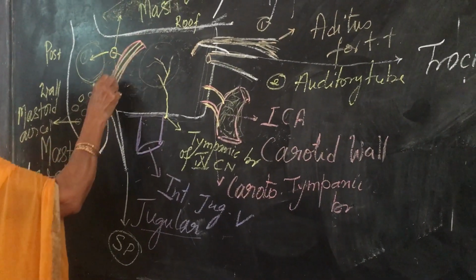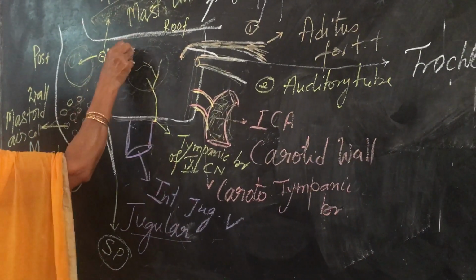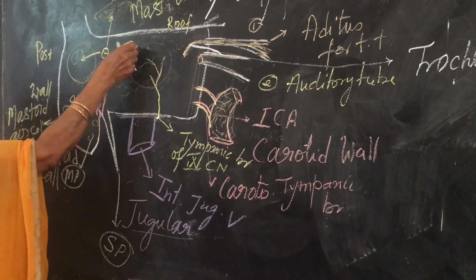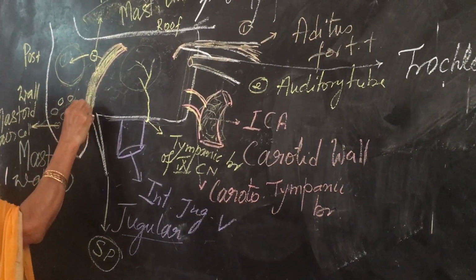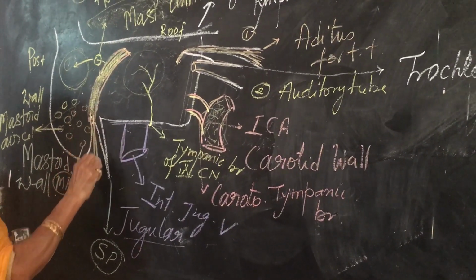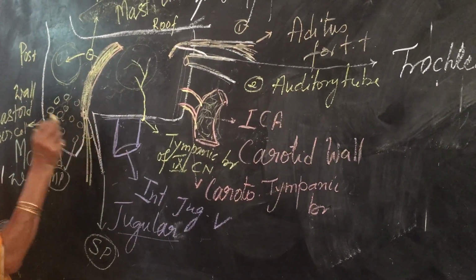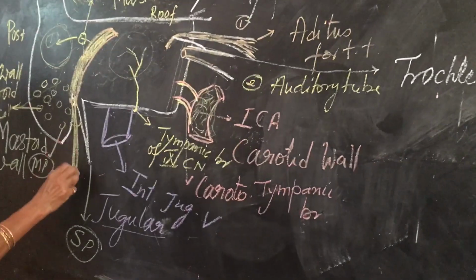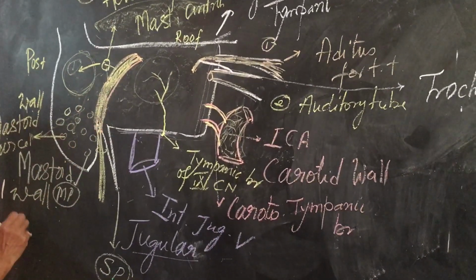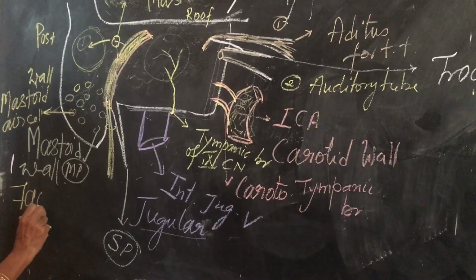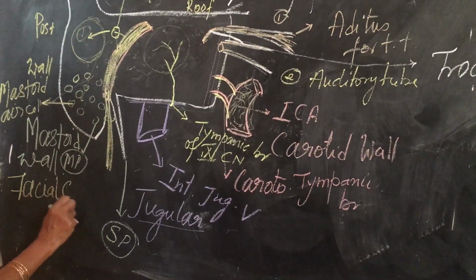So this facial nerve, as it passes from the upper portion of the medial wall and the posterior wall of the middle ear cavity, emerges through the stylomastoid foramen into the parotid gland. So another important structure in the posterior wall is the facial canal.